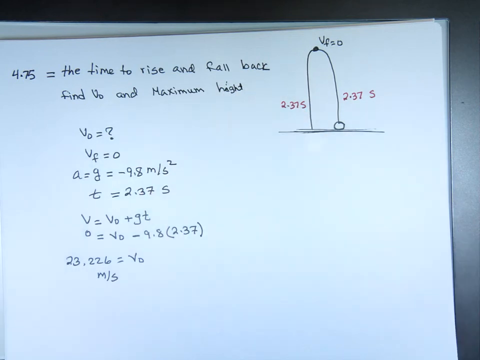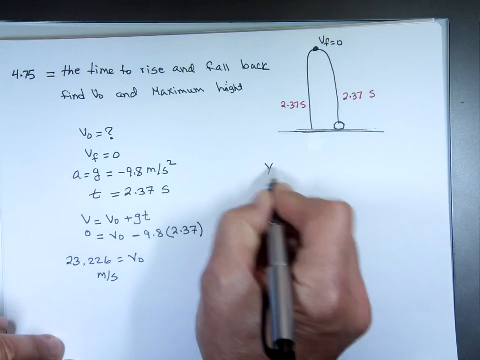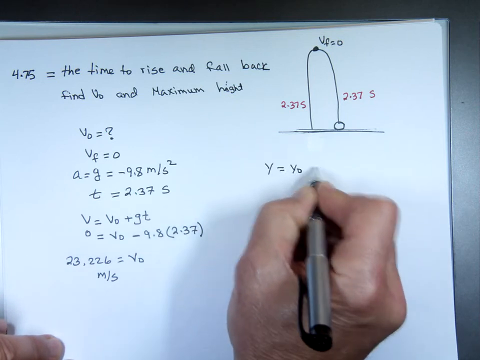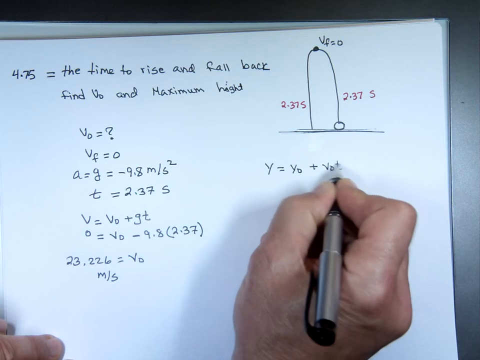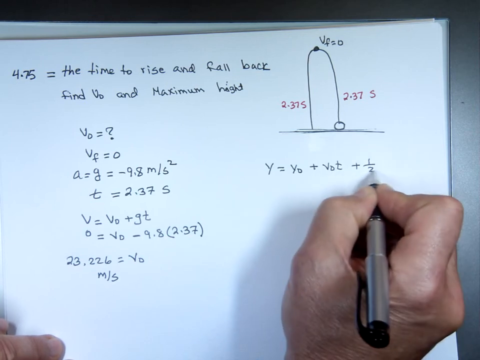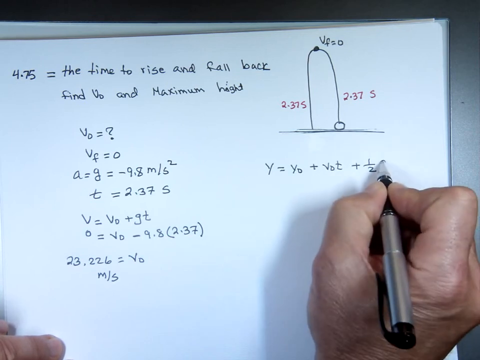How high is it going to go? Can I find y? I can probably use this. Y equals y sub 0 plus v0t plus 1/2 at squared, right? Or gt squared.